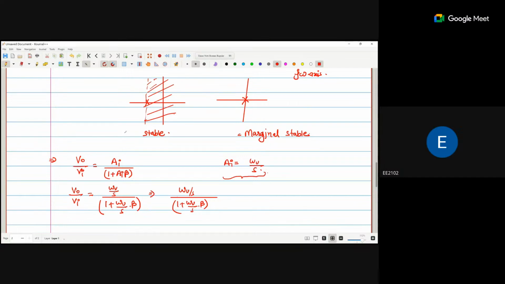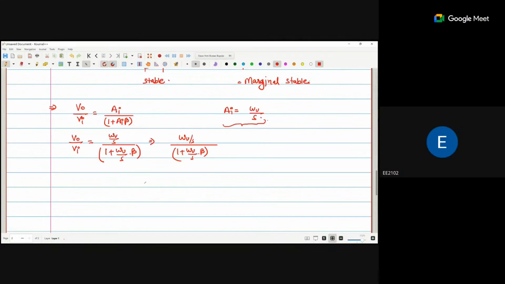Okay, if we are talking about the loop gain, what is it? This is Ai, this is beta, V naught Vi.